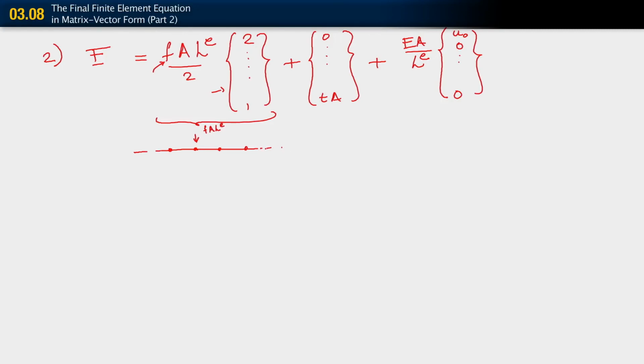It's only the very last element, right? This is the point L, okay? It's only this very last node which has a contribution FAHE over 2, okay? And this is really because an interior node has a contribution FAHE. It sort of has the entire force on it because it has elements on both sides, so both those elements contribute force to it. However, this last node has a contribution only from the element to its left. Okay.